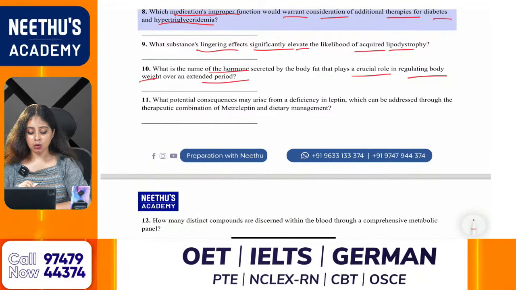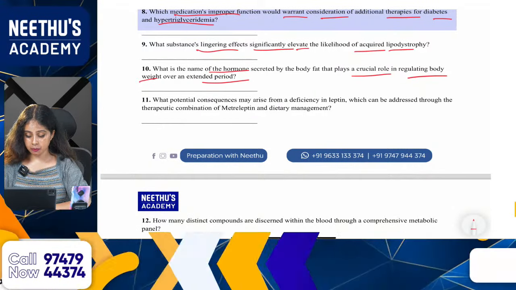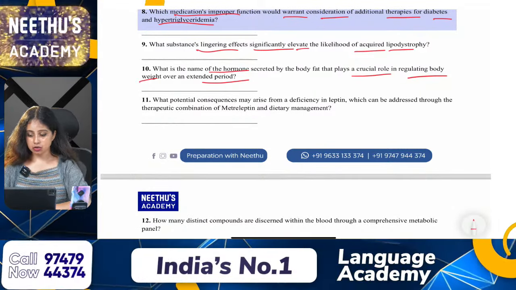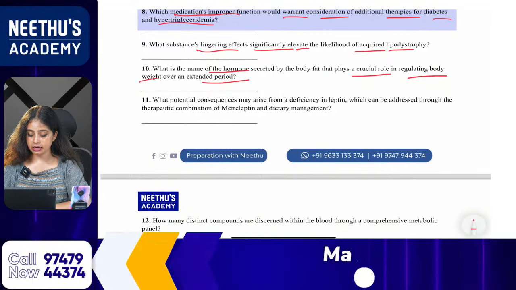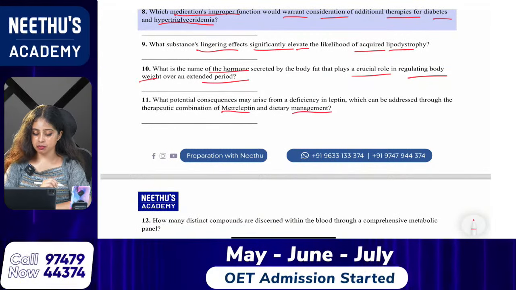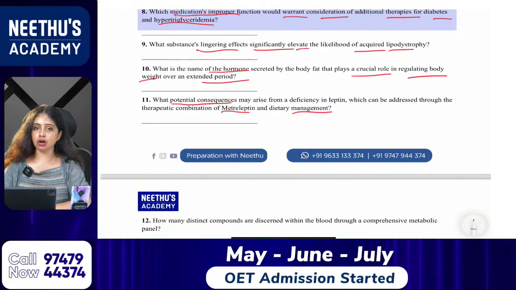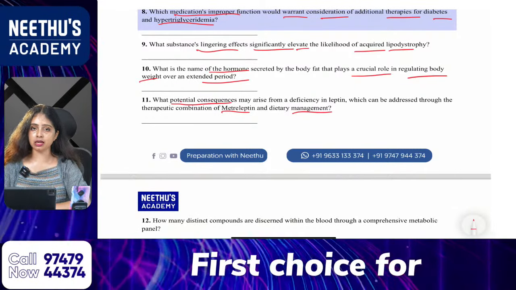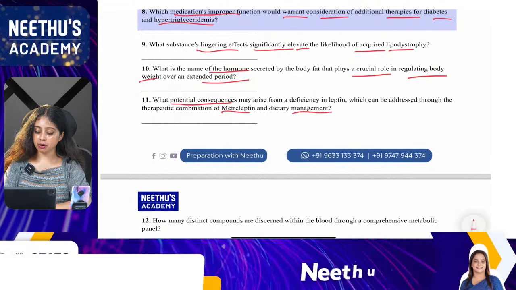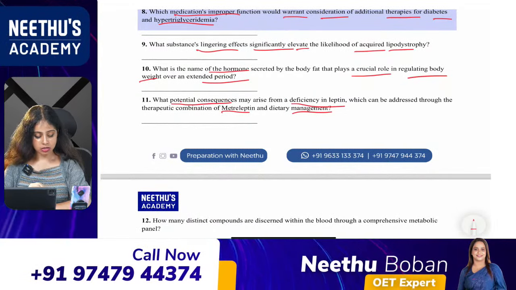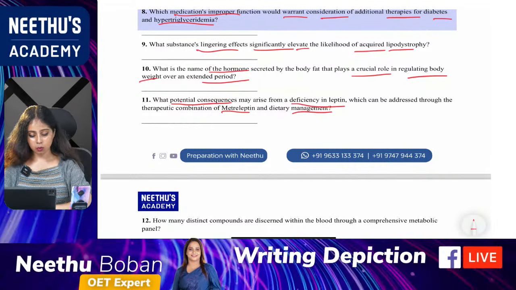11th question. What potential consequences may arise from a deficiency in leptin, which can be addressed through the therapeutic combination of metroleptin and dietary management? What are the complications that may arise from a deficiency in leptin? So, what is the answer?